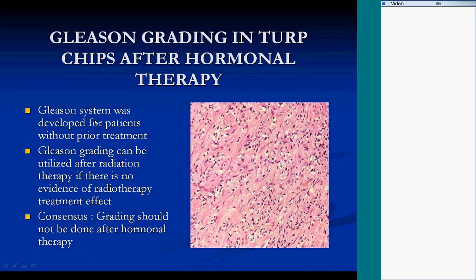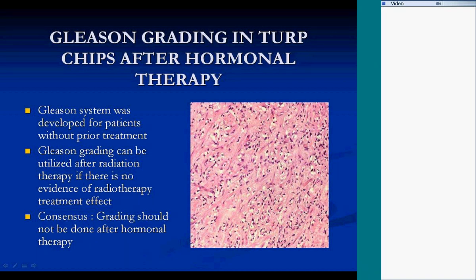And so one should not apply the Gleason grading system when we see the classical hormonal therapy effects on cancer, as we can detect here in the image on the right. And basically this is nuclear pyknosis and cytoplasmic vacuolization. It can represent then a very challenging diagnosis and an insidious type of carcinoma to detect under the light microscope.